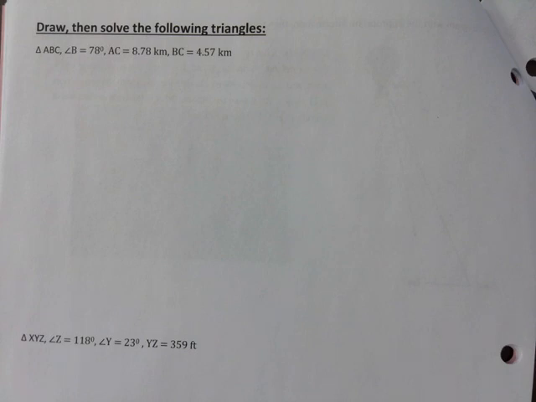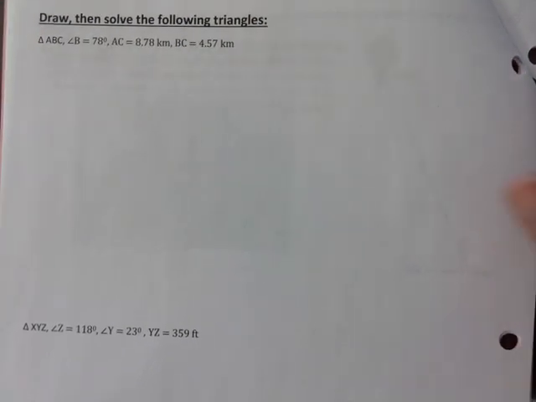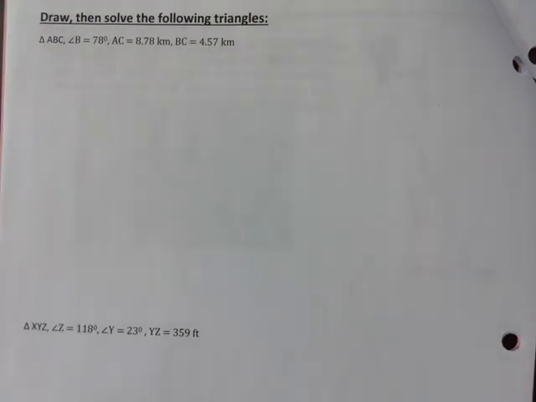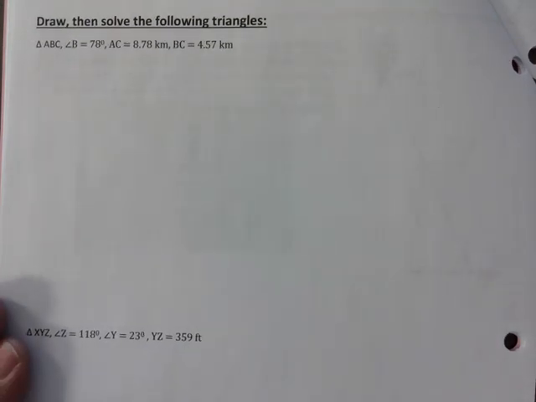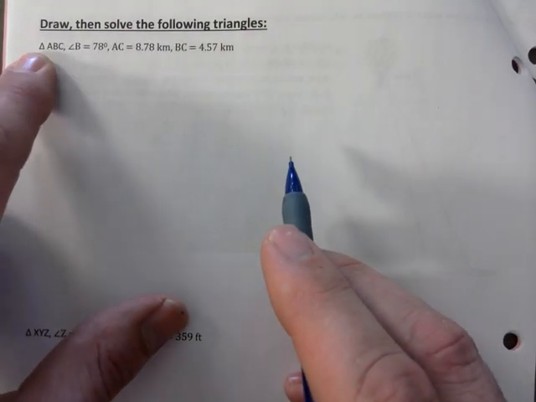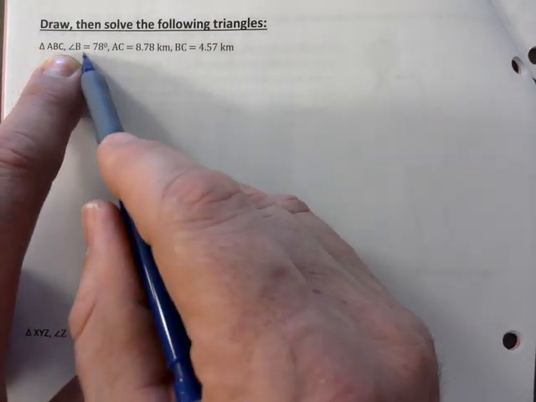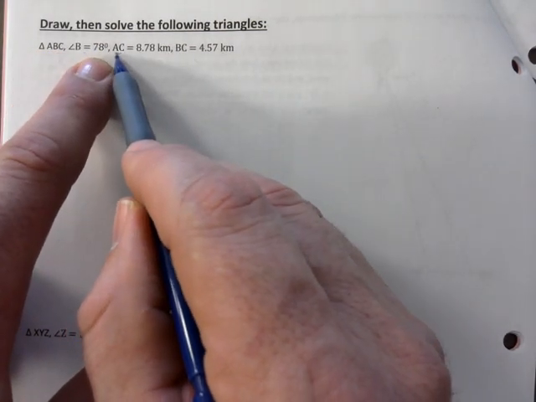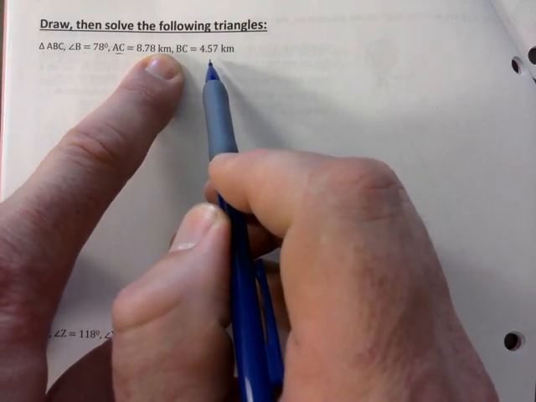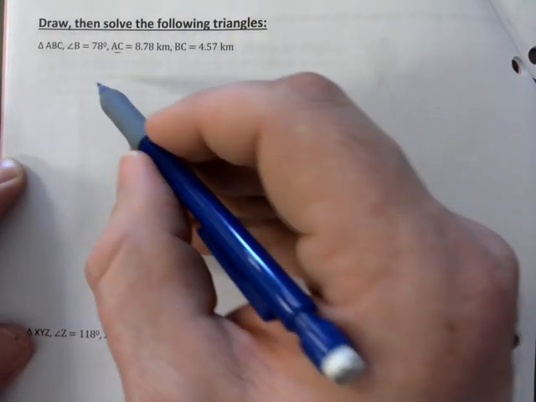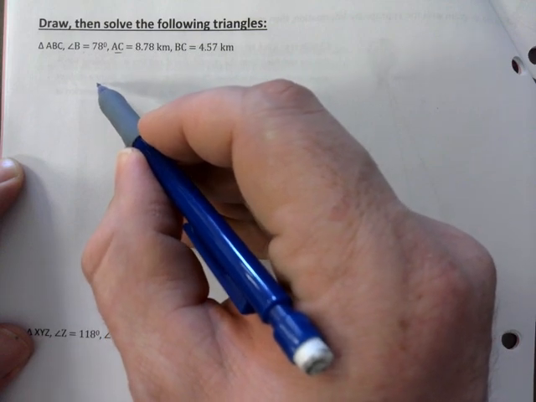Page 13. Draw then solve the following triangles. I just want you to sketch it. It says triangle ABC has an angle. This is a side, right? If it's just two letters, it's a side. Before you start wondering, just do this. I really don't care what it looks like.